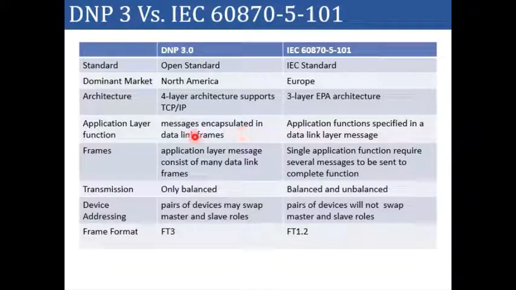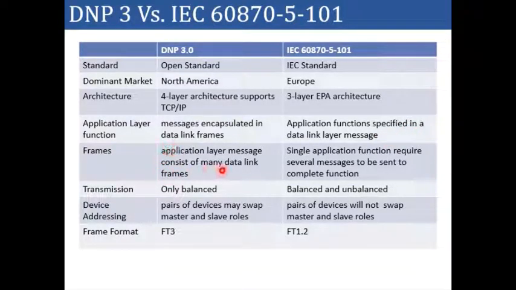In that way, large application data can be sent to the receiving station in one go. While in case of 101, the application functions are specified at the data link layer level.